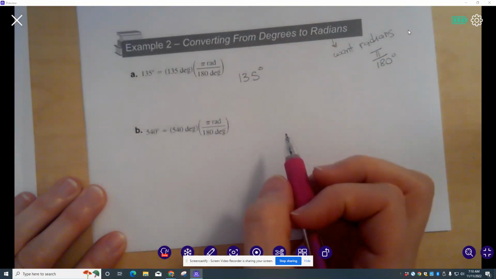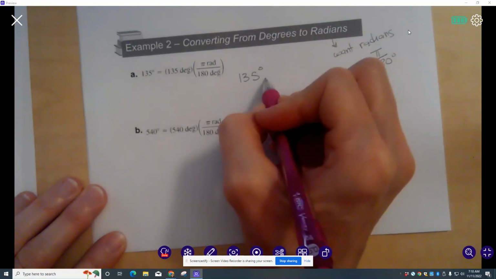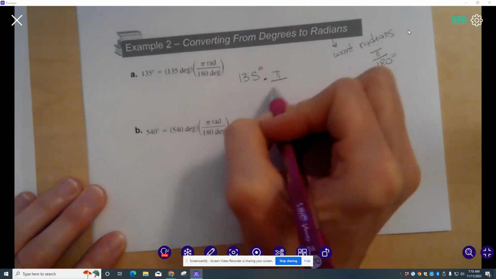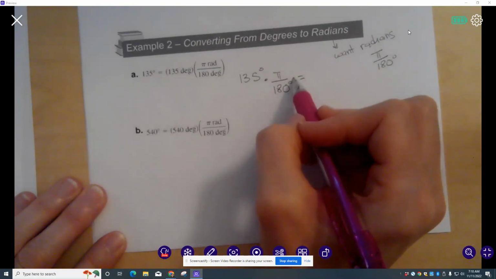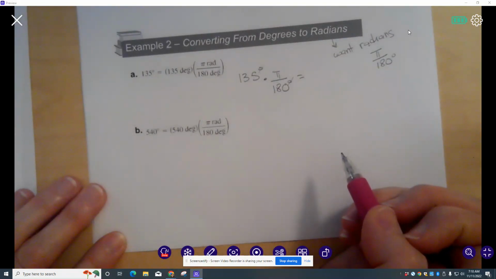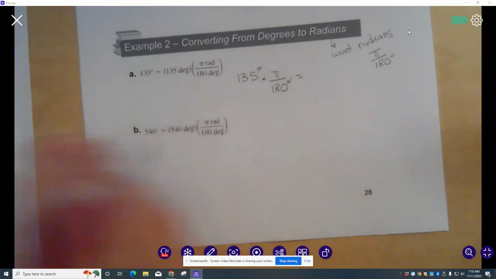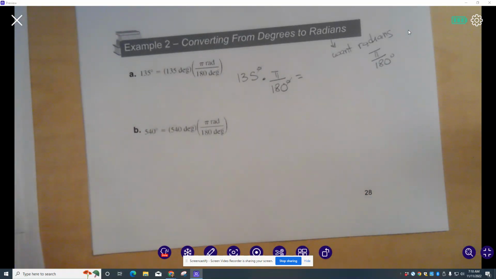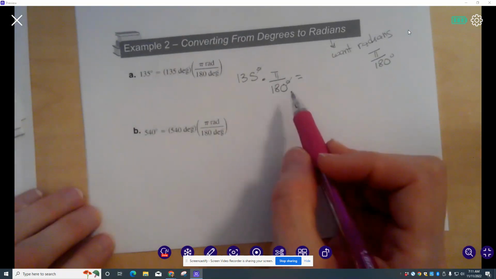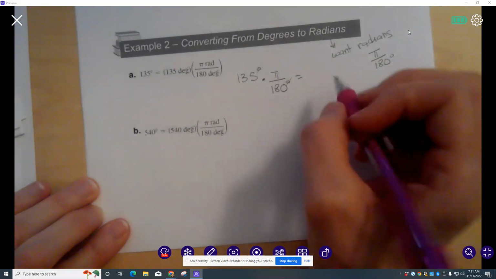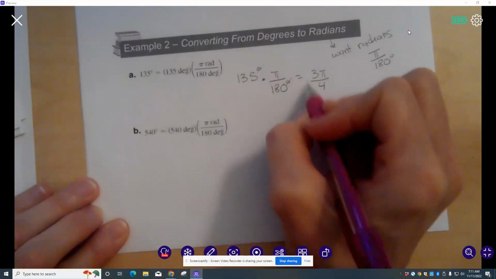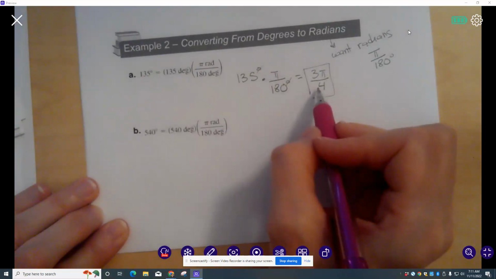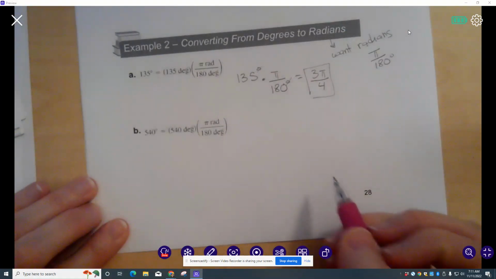I want to convert to radians, so I'm going to multiply that by pi over 180. Then my degrees cancel, and I'm going to be left with pi. Now you can put this in your calculator and simplify the fraction, and you would get 3 pi over 4. So 135 degrees is the same as 3 pi over 4.